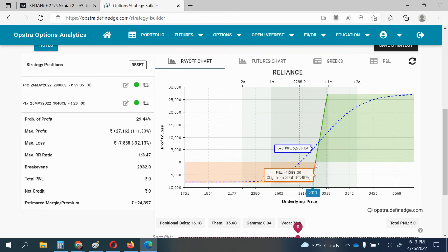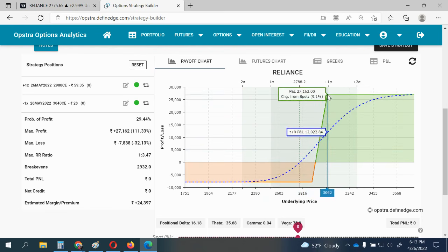If you look at the debit spread payoff graph, let's take a very hypothetical example. Market is supreme, but let's say Reliance makes a move of 9% by the 26th May expiry.